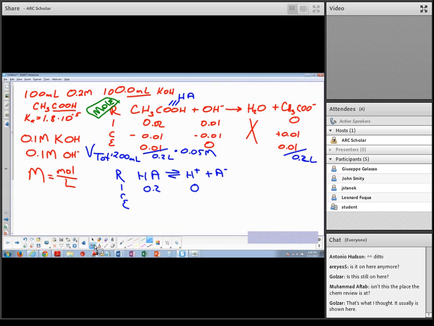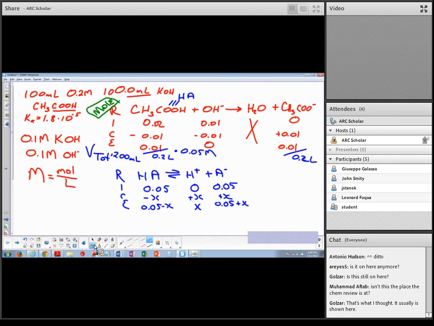The 0.05. Okay, and you can go through and do this the same way. Minus x, plus x, plus x. You can do it like we did the last time, set this all equal to Ka and solve for it.